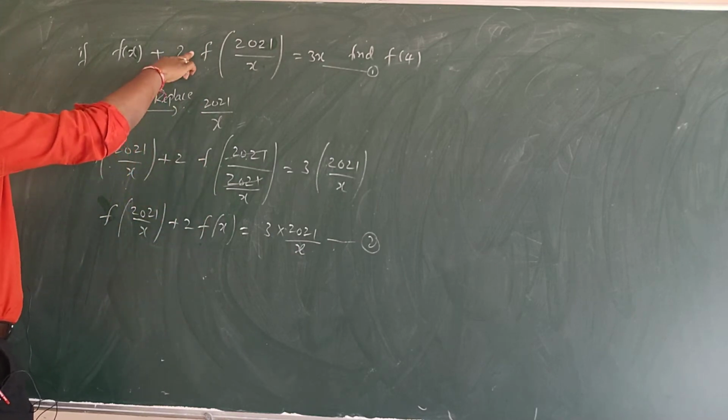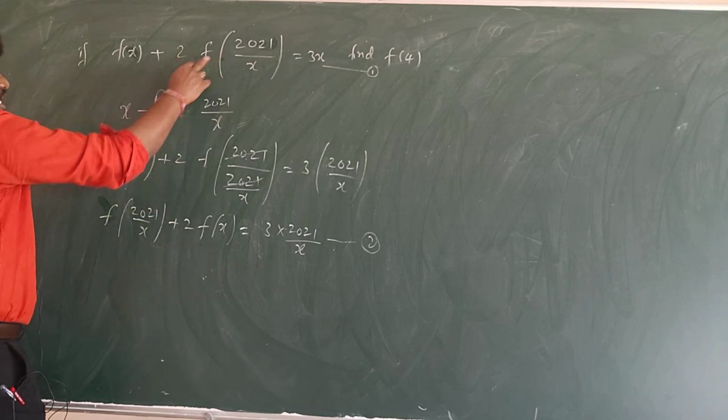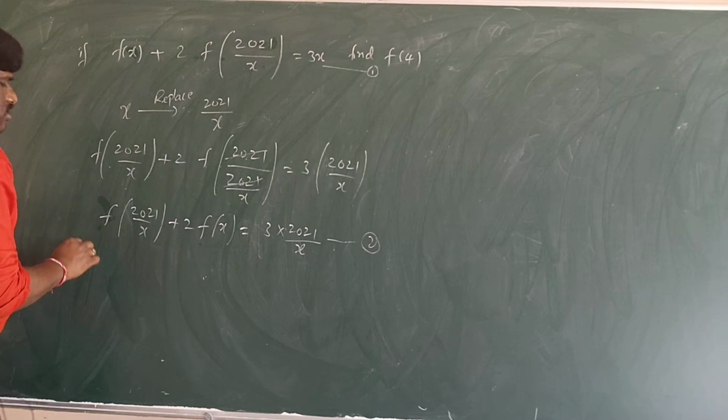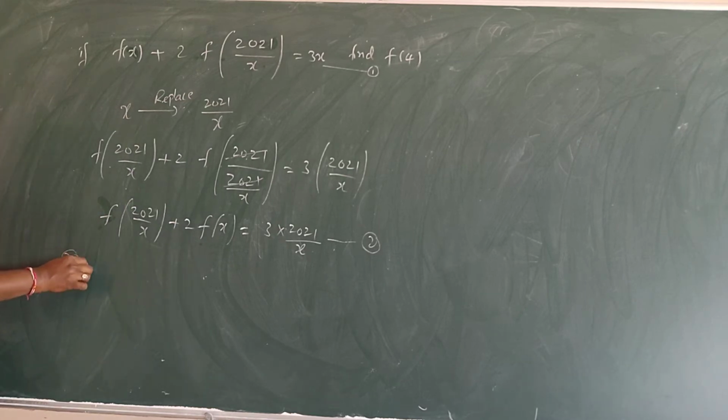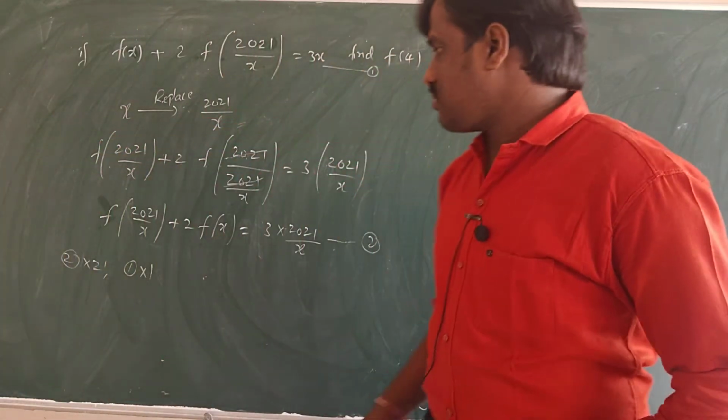The odd one should be removed. To remove it, this has 2 times, and this has a single time. So multiply the second equation with 2, the first equation with 1, and then subtract, and you will get the answer.